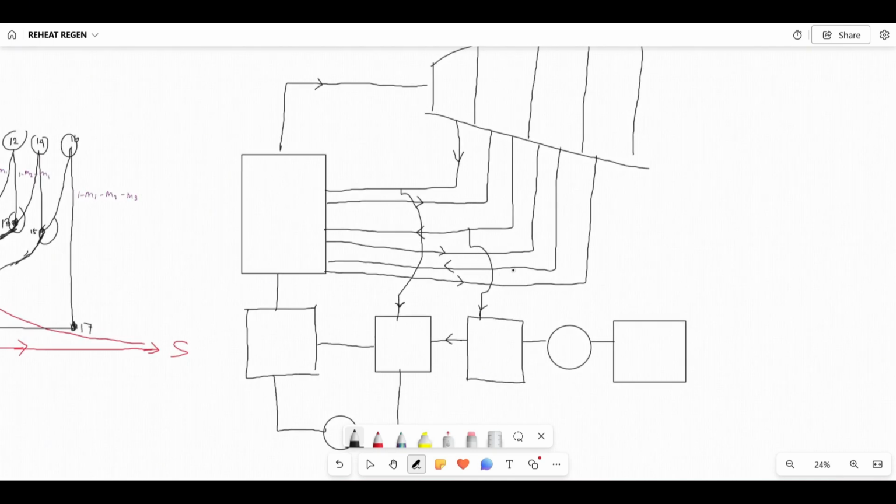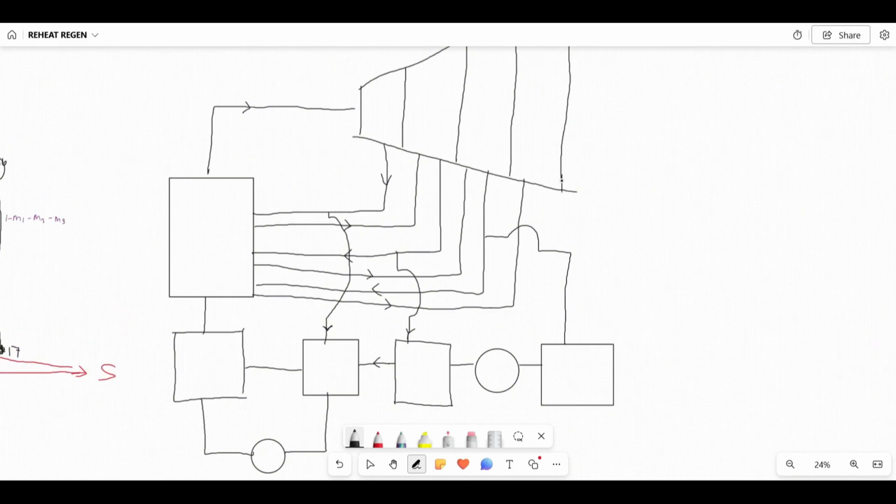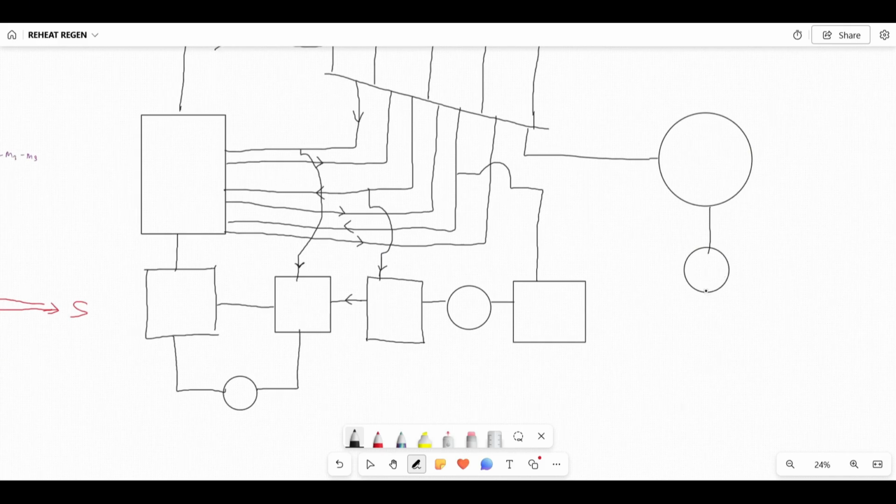Therefore this is extracted here. So that's the extraction part there. Now the final turbine goes to the condenser. This is the condenser. And there is pump 1. Then pump 1 moves it down there.